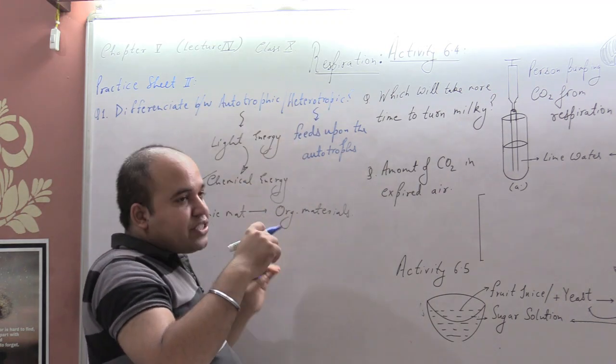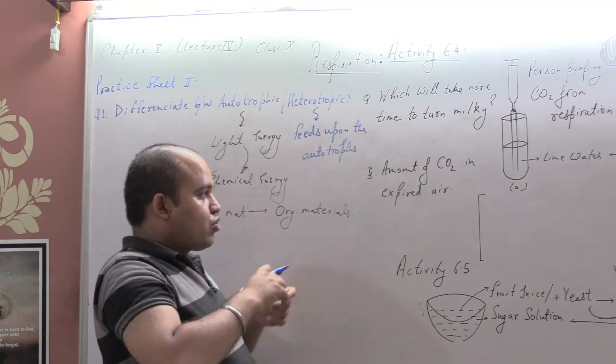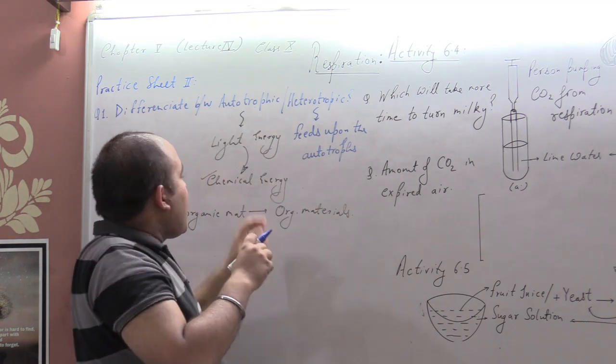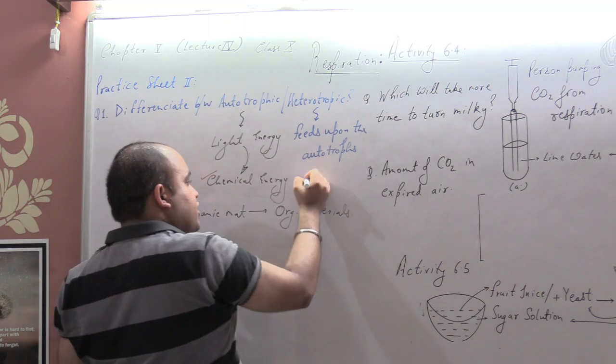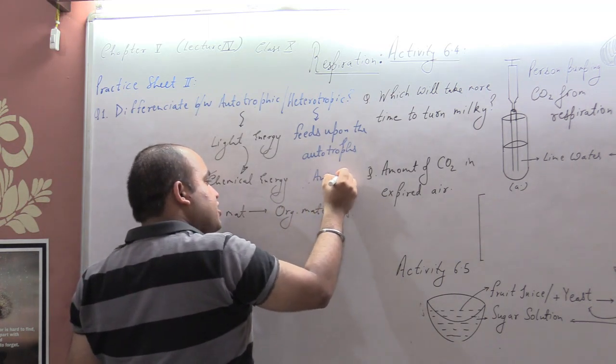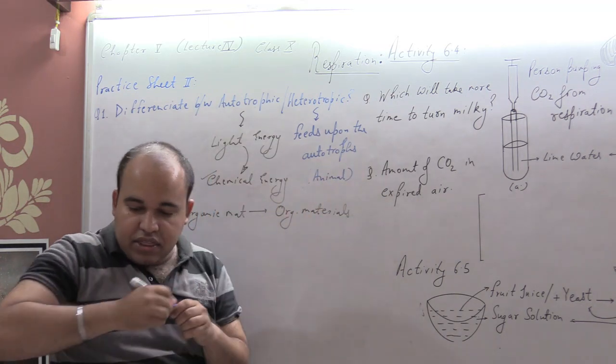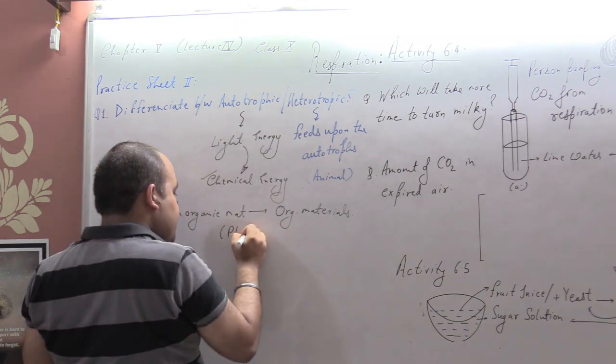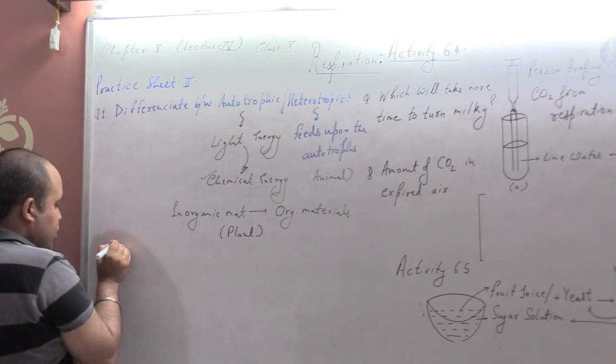Such organisms are referred to as heterotrophs. I have already explained that all the different types of animal species are included in heterotrophs, while in the case of autotrophs, it was the plant species.